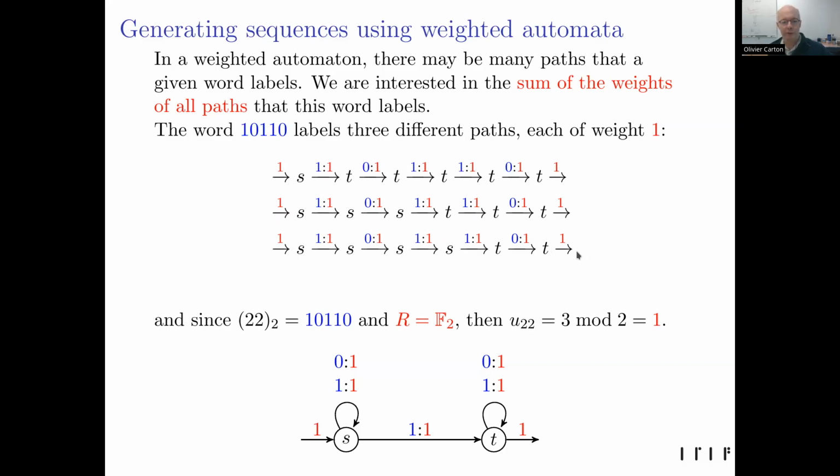And then we have these 3 runs. Each of these runs has weight 1 because we have only weights equal to 1. And so the sum of these weights is 3 in N, but in F2 it is 1.